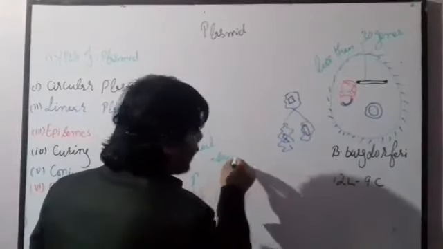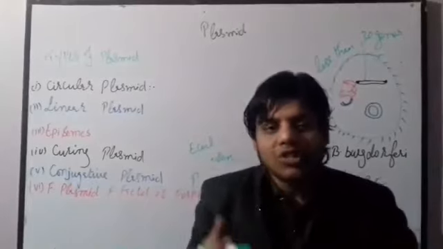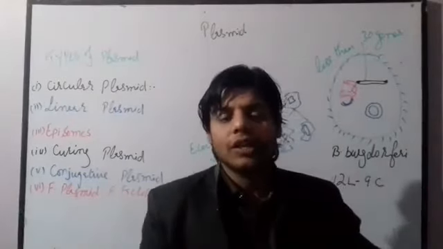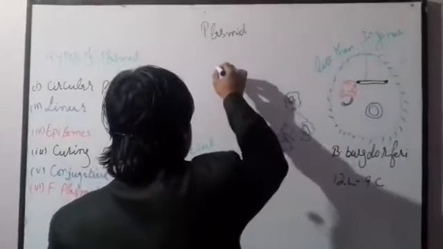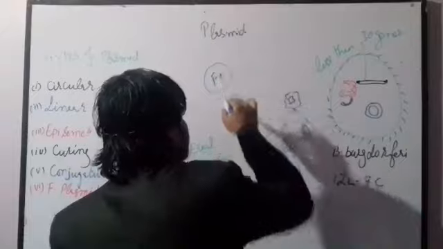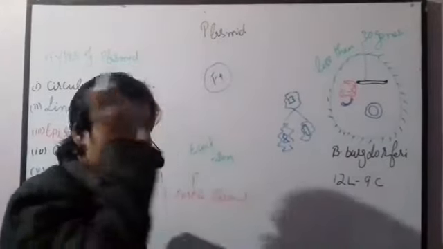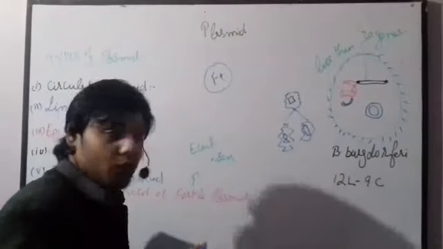Sex pili means these are the pili, and once they produce the sex pili, the other bacteria will be attracted. For example, let's suppose this is a bacterial cell, and let's suppose this is an F positive bacteria. Now this F positive bacteria has the F plasmid, or we can say they have a fertile plasmid.